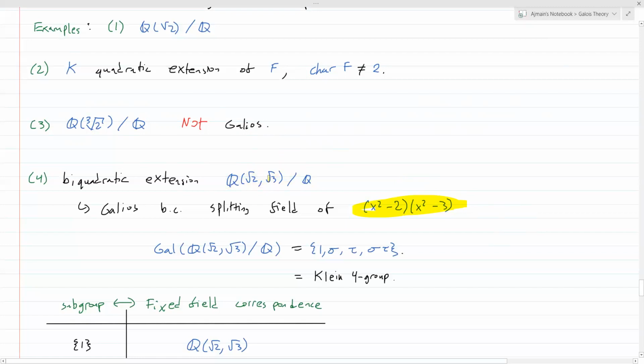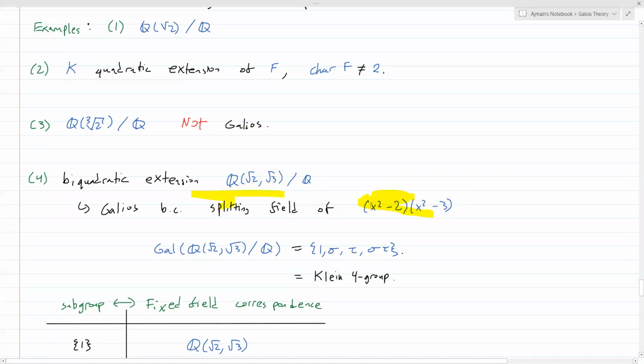Wait, is that what I wanted to say? No, that last sentence I said is not the correct logic. If you adjoin all of the roots of this polynomial to Q, then you get Q adjoin square root of 2 and square root of 3. So not only does it have all of the roots, it is the smallest field generated by all of the roots. Therefore, it's a splitting field. So we know it's a splitting field of a polynomial, and over Q, all irreducible polynomials are separable.